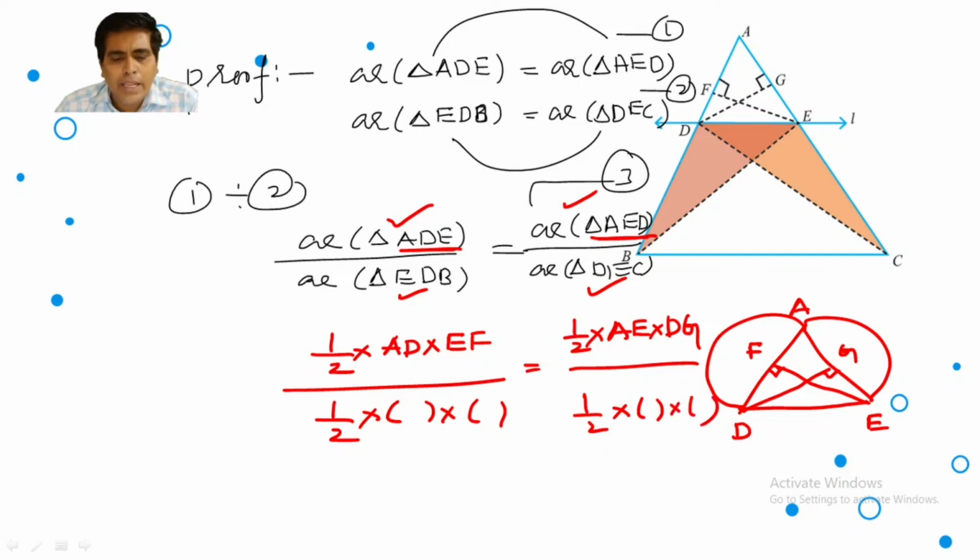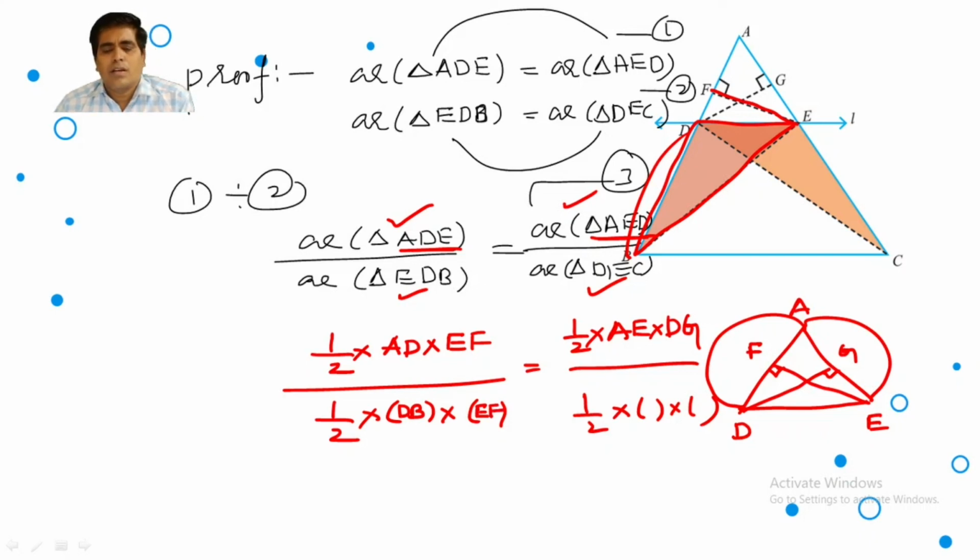Now, triangle EDB. In this triangle EDB, we have drawn the altitude as EF. So if I take DB as the base for this triangle, the height is EF.